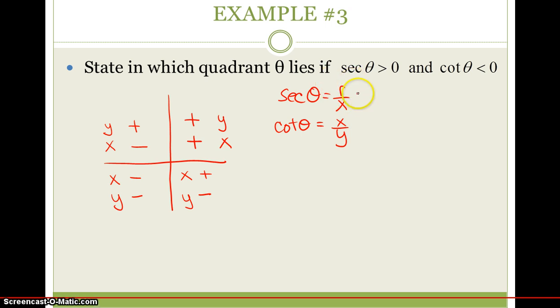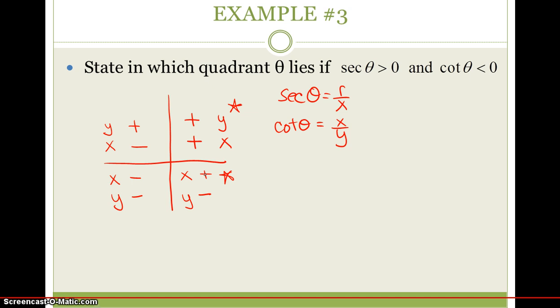So we're looking for a quadrant where the secant is positive. It could be positive in the first quadrant because r is positive, and then we're looking where the x's are positive also. So far we have 2 places, the first quadrant and the fourth quadrant, because the x is positive there.